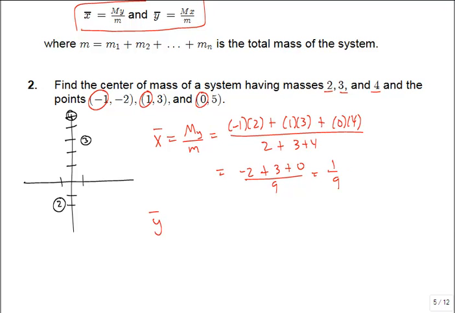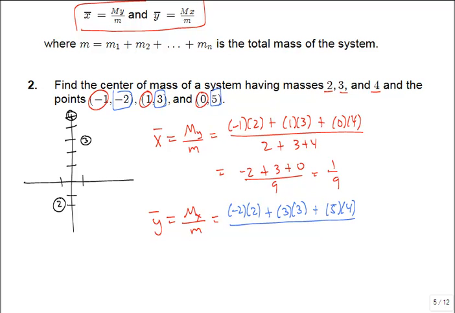So then for y bar, we're going to take the moment about the x-axis over our total mass. So now we're going to use all of these y coordinates, because that gives me my distance away from the x-axis. So -2, and that had a mass of 2, plus 3, and that had a mass of 3, and plus 5, and that had a mass of 4, over the whole mass, which was 2 plus 3 plus 4.